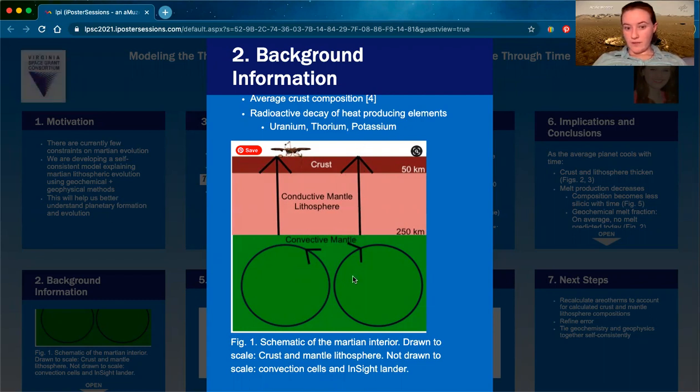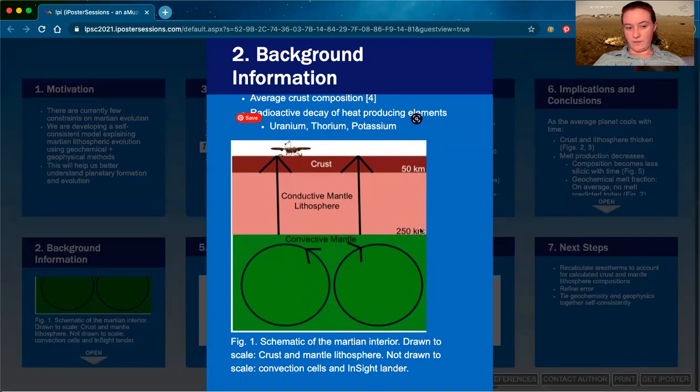In the convective mantle, heat moves in convection cells, or in these circular shapes. We see heat rising in this area here, and it's carried over, and then this cool material sinks, and you end up with this circular convection cell. These convection cells are not drawn to scale, nor is the InSight lander drawn to scale as well.